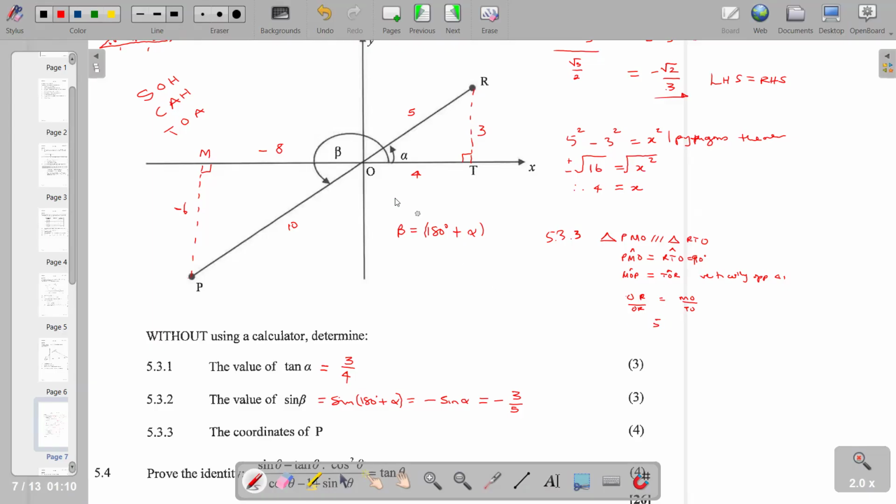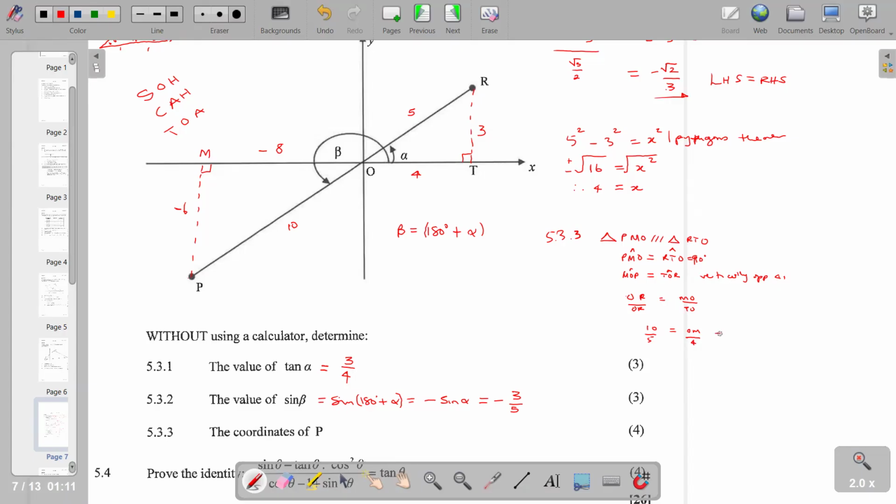Then the other one we are told is 2 times OR, which is equal to OP. So it's 2 times, so it's supposed to be 10 over 5. That must be equal to OM over TO, which is 4.